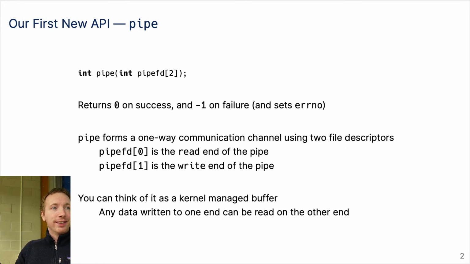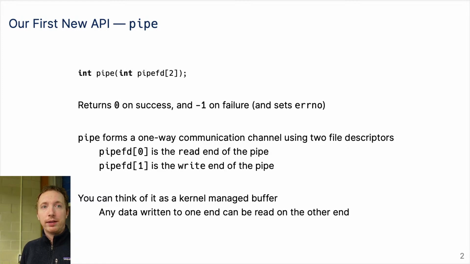Anything you write, it doesn't matter what process has it. As long as they have that file descriptor, if you write to the one end of the pipe, you can read that data from the other end of the pipe.